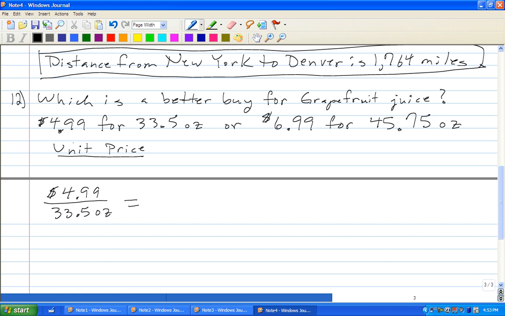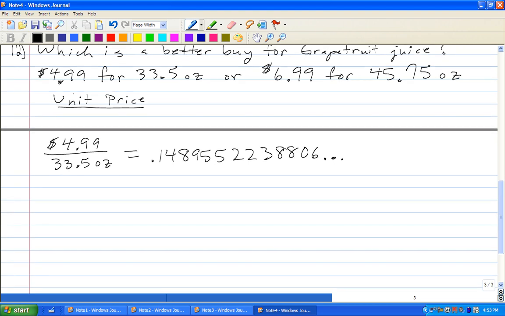So $4.99 divided by 33.5 is 0.14895522388806, etc. This is dollars per ounce, about 15 cents per ounce.